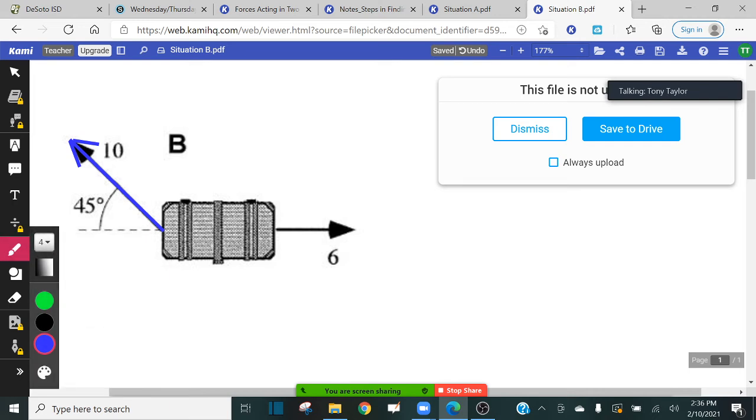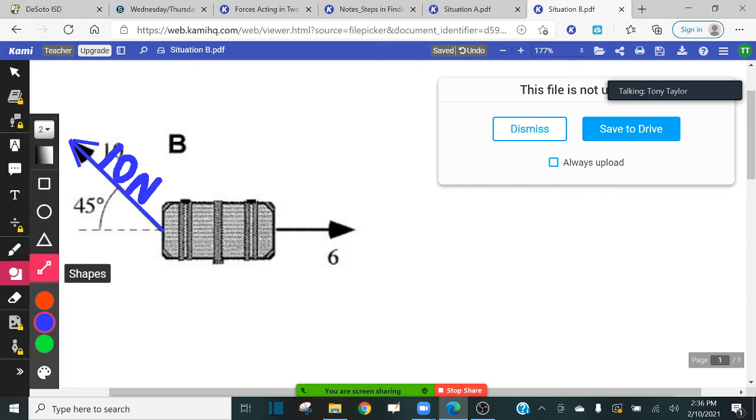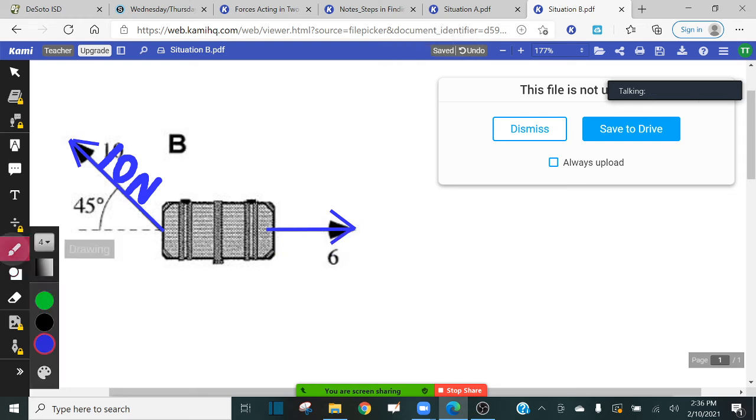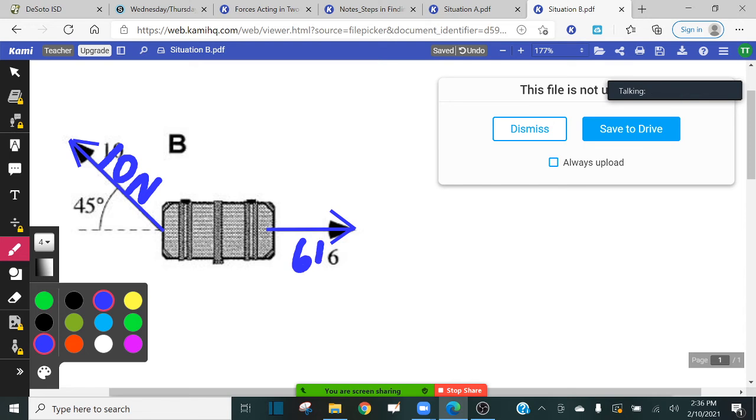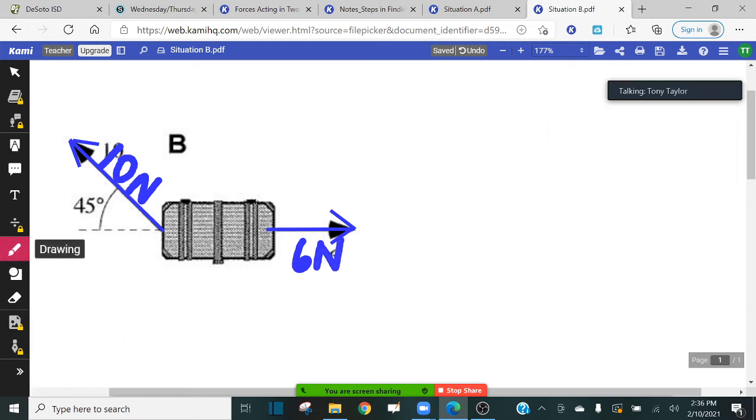So clearly this magnitude here is 10 newtons. And I also have a 6 Newton force pulling that way. The magnitude of this force is 6 newtons, and I'm putting newtons there because we're dealing with force.